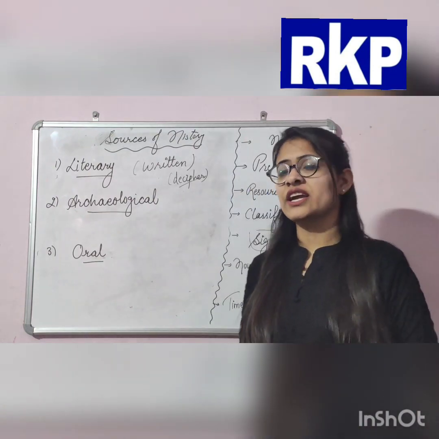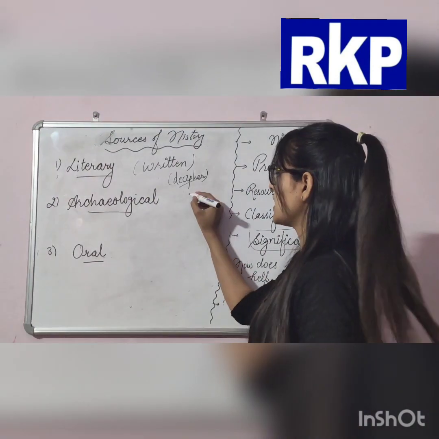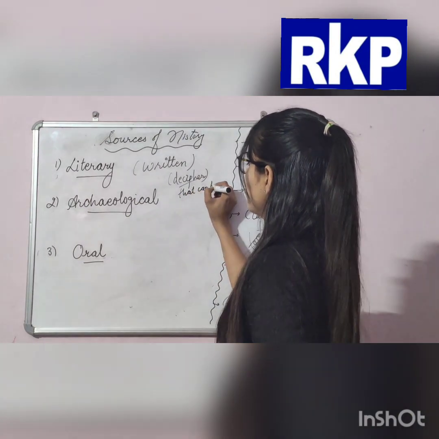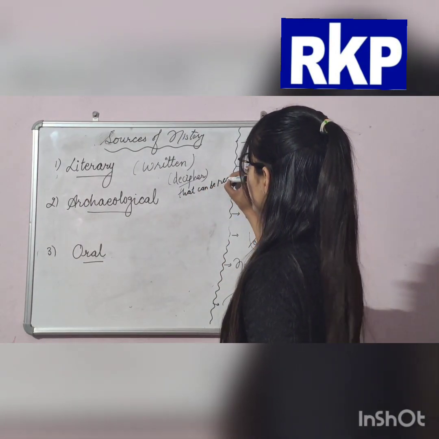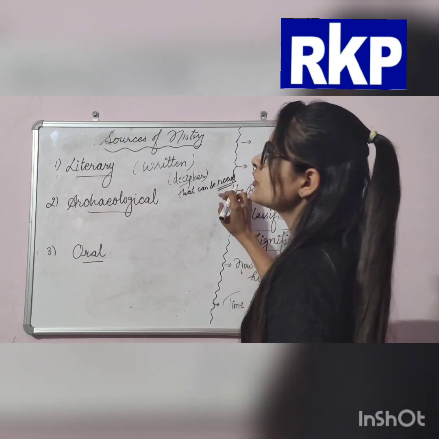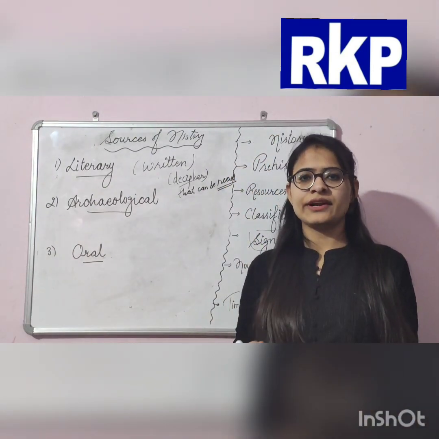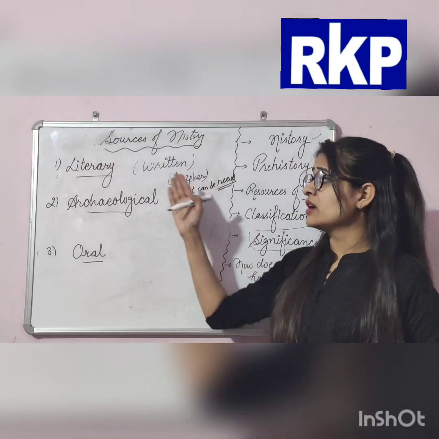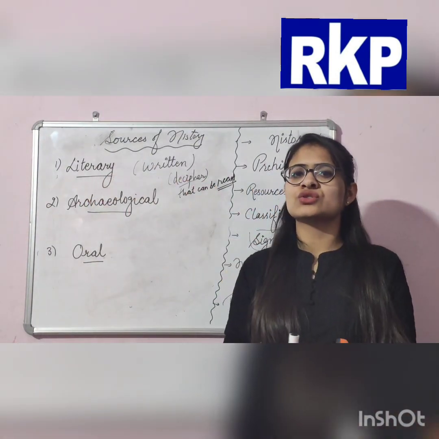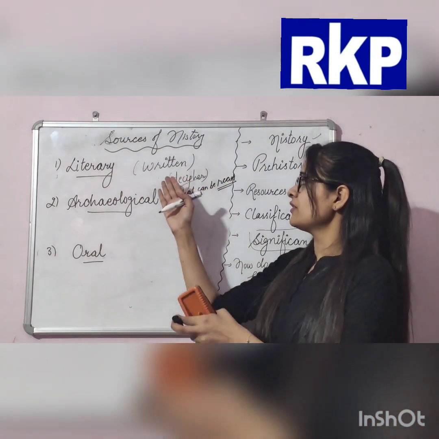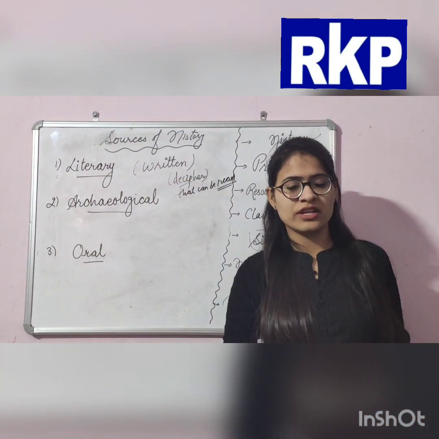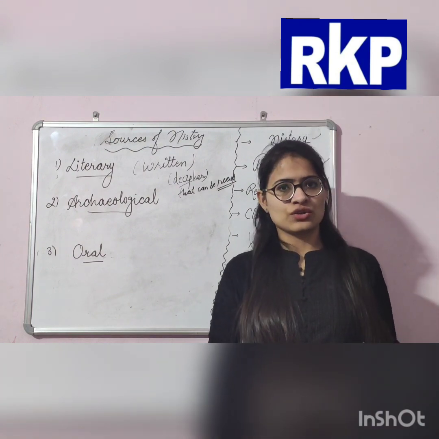What is the meaning of decipher? It means that can be read. Literary resources are those resources that we find in written form, and they can be deciphered. Then they are called literary resources.